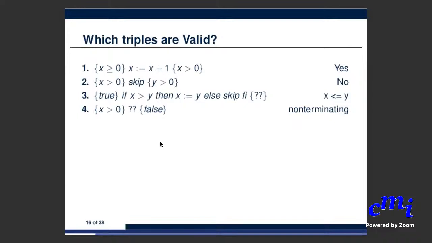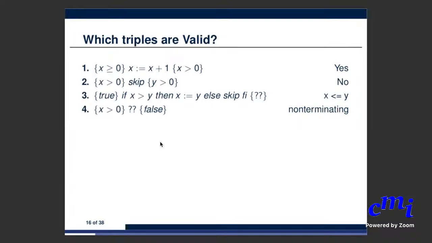Okay, so here it's asking, what is a program that can make this Hoare triple become true? See, if this thing ever terminates, it has to end in a state in which the variables take some value, correct?